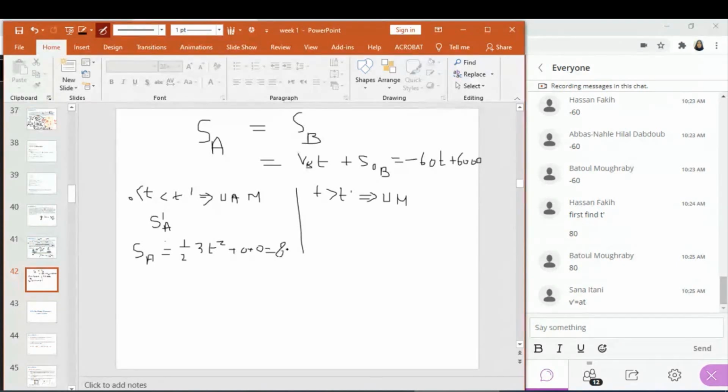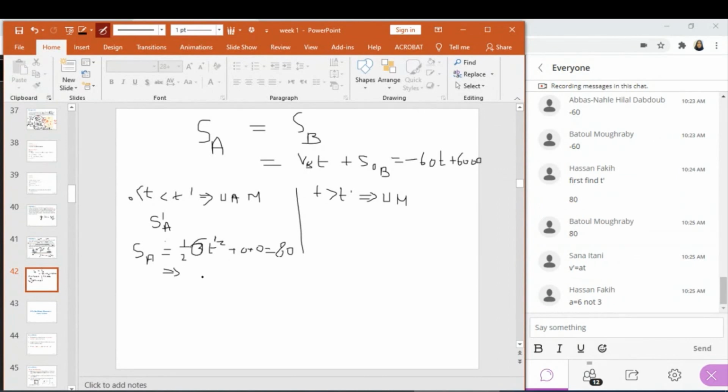And this is equal to 80 when T is equal to T prime. Sorry, A is equal to 6, 6 over 2 is 3. So T prime will be equal to what?